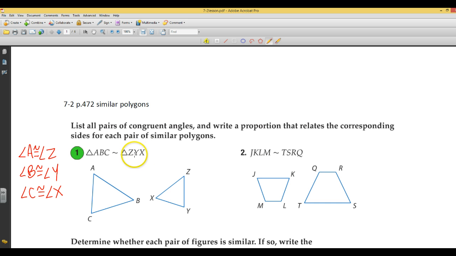And we also want to write a proportion that relates the corresponding sides. So AB is to ZY, as BC is to YX, as AC is to ZX.